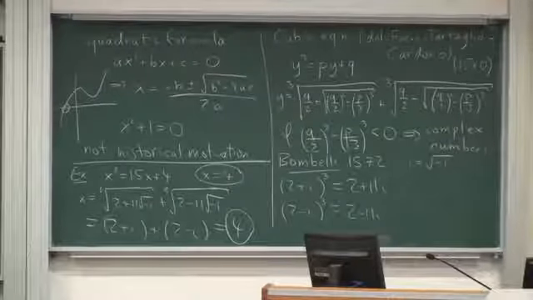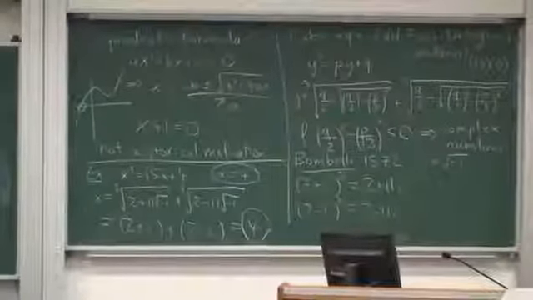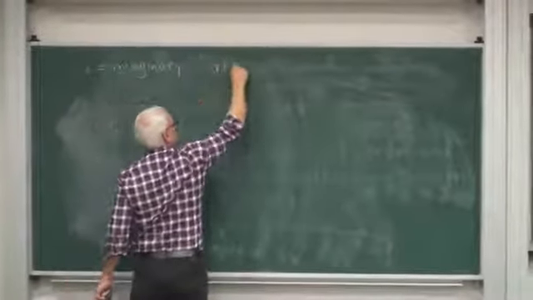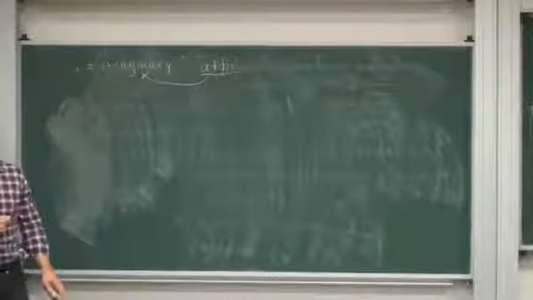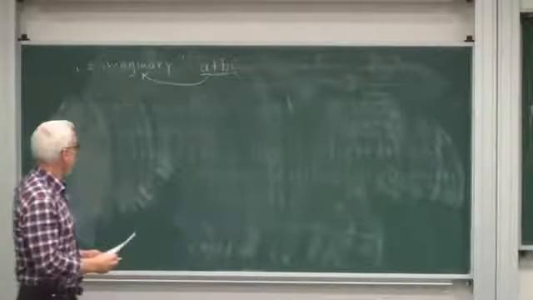So i was sometimes called an imaginary number. In fact, the early usage was that anything of the form a plus bi was called an imaginary number. The term complex number only came around later. So here are some examples of how i appears.